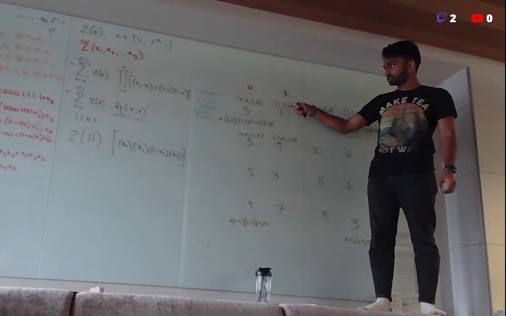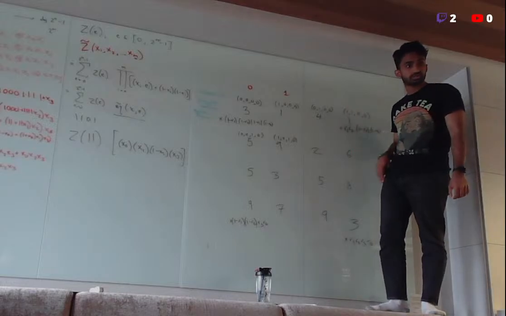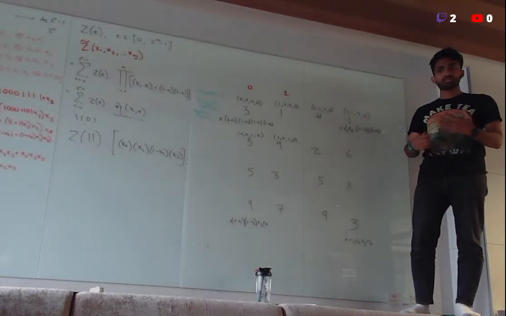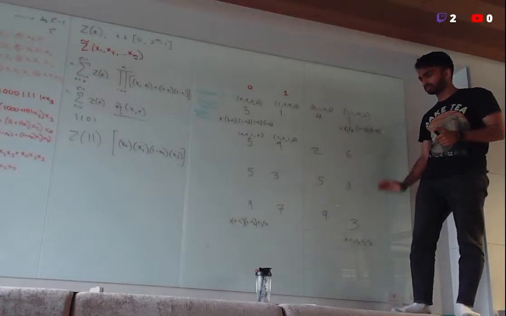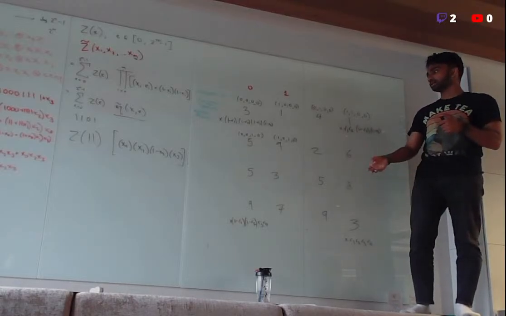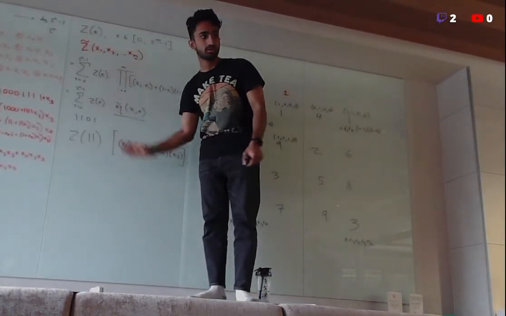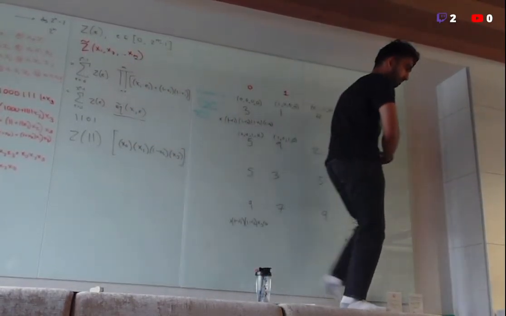And then at 1, it's 0, 0, 0, 1, and it outputs 1, etc. Does this part make sense to people? Essentially, we've taken 16 evaluations of the polynomial and converted it into a multilinear polynomial using this setup. And now we have this guy.